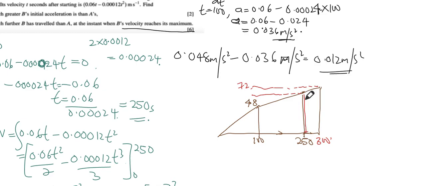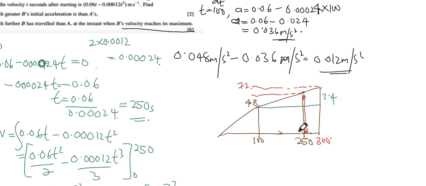This is where we use the similar triangle method. Let's find that. I'm going to draw a straight line. This is 4.8 and that's 7.2, so 7.2 minus 4.8 is 2.4.